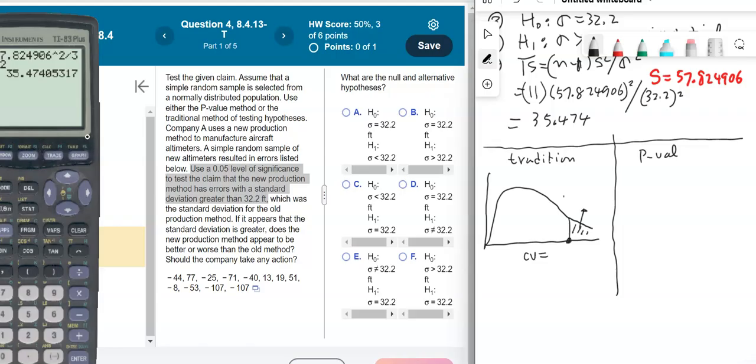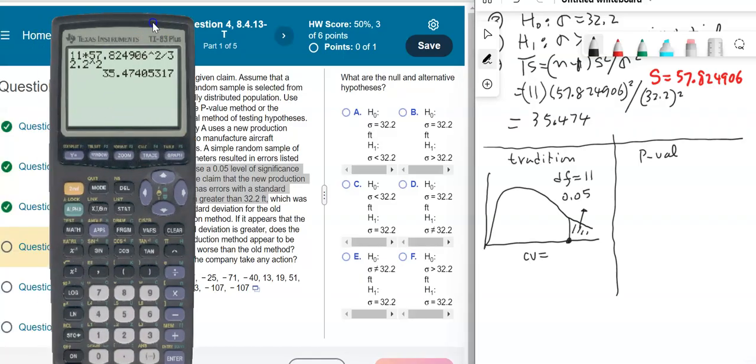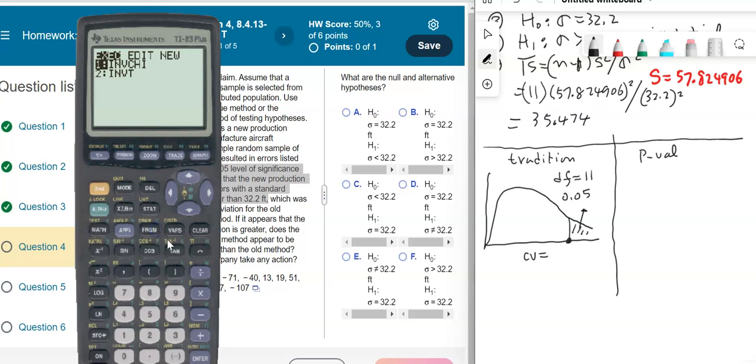Area is 0.05. And the degree of freedom is 11. Okay, so now you go to program inverse chi. Hit one more time. Area right is 0.05. Degree of freedom is 11.